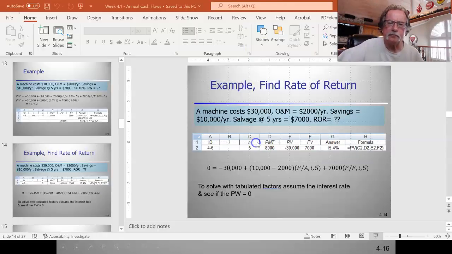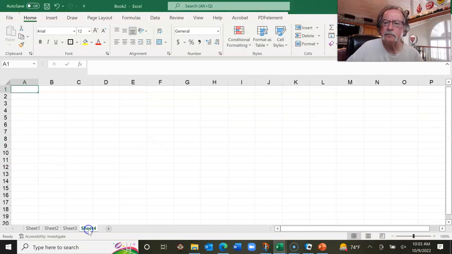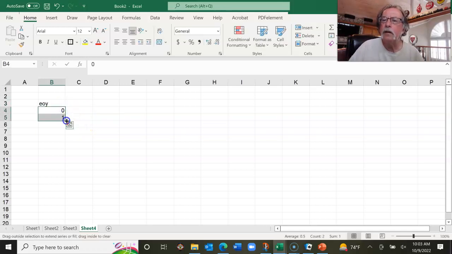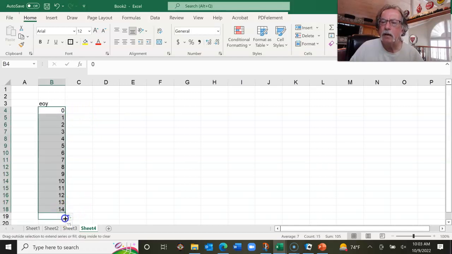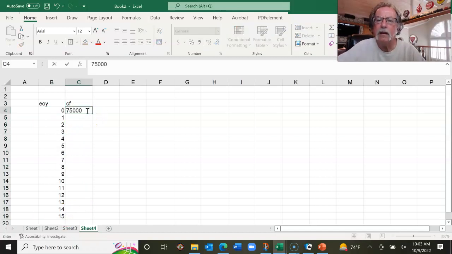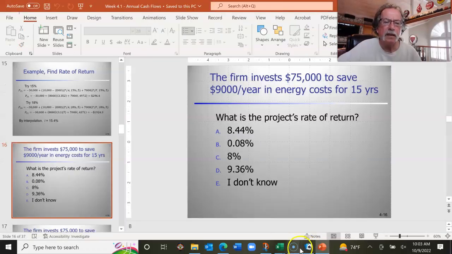Well, what we can do is we can do end of year 0, and we have a cash flow, and we're going to invest 75,000 to save, was it 9,000? 9,000.